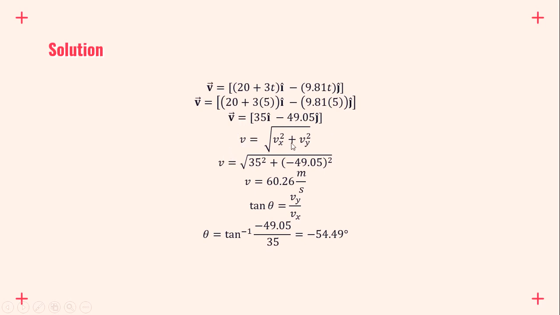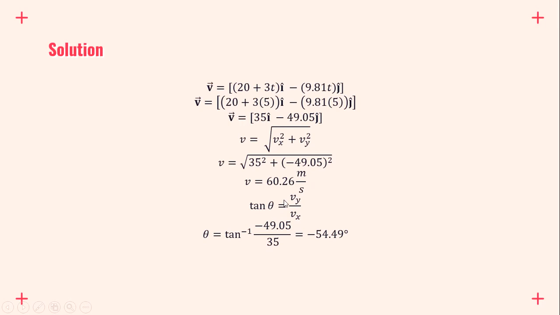To calculate the absolute value of this vector, or the magnitude, we can use the Pythagorean theorem. We have the square root of 35 squared plus 49.05 squared, and we get 60.16 meters per second for the magnitude of the velocity.